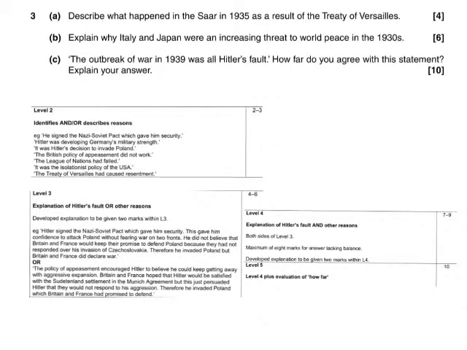That final statement there shows that the initial reason explains why the outbreak of war occurred. So I've linked it back to the question, and notice how precise the answer is. We've got reference to Czechoslovakia, we've got reference to the other countries, Britain and France. We've got the idea of two fronts here, and obviously the declaration of war.